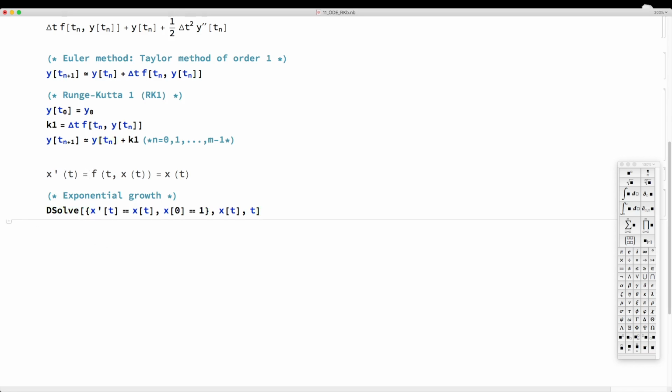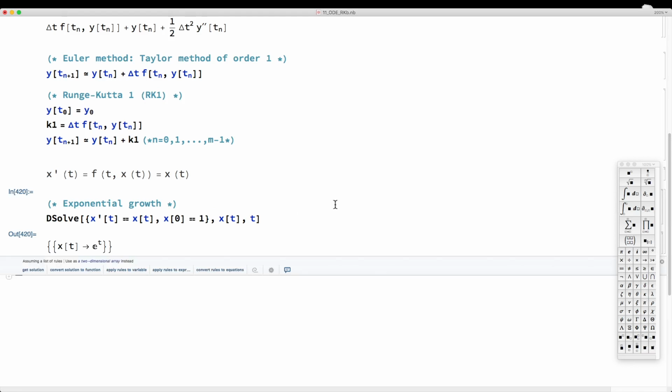So to do that, let's set up a grid. Let's set up some vectors of t and x, essentially. So first of all, let's recall from the previous video when we solved this differential equation with this initial condition, we got an analytic solution which is e to the t.